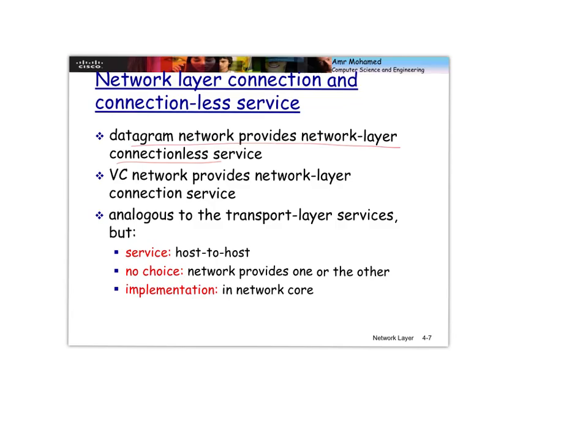So in virtual circuit, I need to do initial signaling to establish the circuit before I transmit anything. There is synchronization: first I have to establish the circuit, then I have to transmit. For datagram, the two phases are separated from each other.